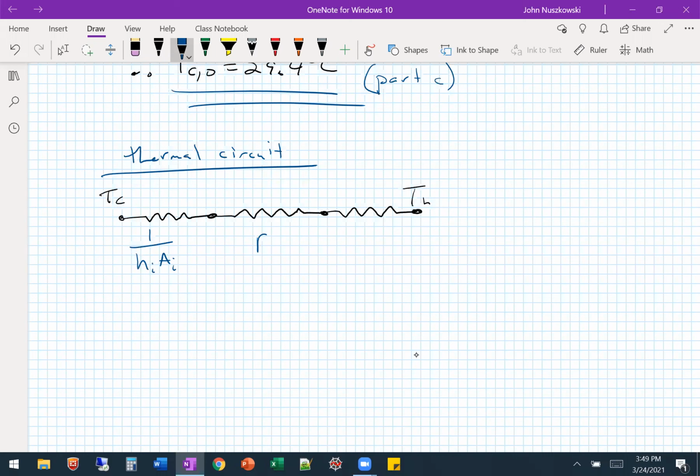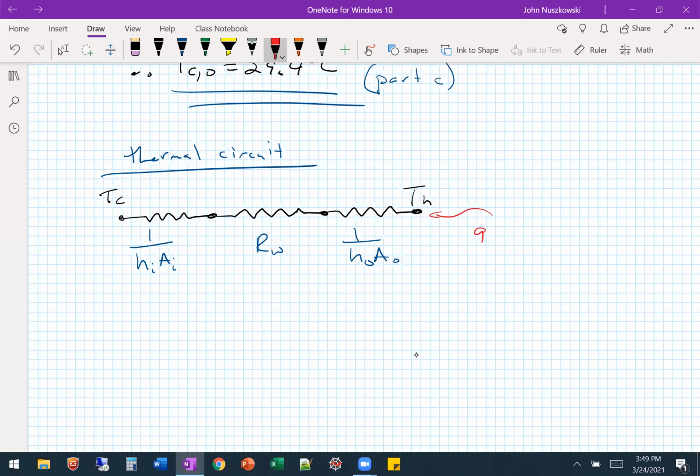Then we have our wall resistance, and then we have outer, which is the steam. All right, so we can put that together.